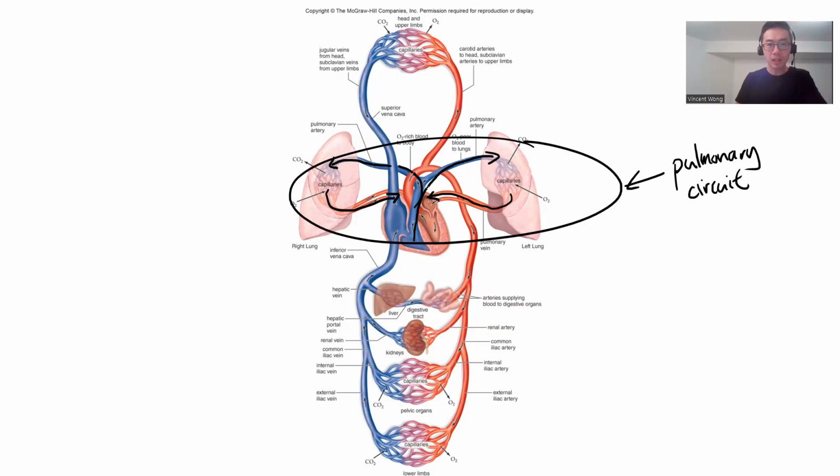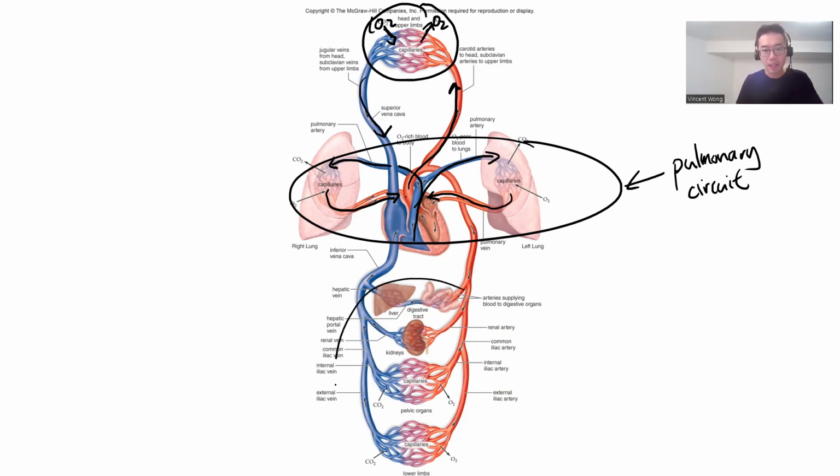And then the blood is going to go through the aorta. This is the aorta. You don't have to draw it. You can just try to watch me and see if you understand. The aorta is going to take the blood up to the head and the upper limb, right? Okay. And that's where it goes from red to blue. You can see the arrow. The oxygen is leaving, and the carbon dioxide is coming in. And then once you use up the oxygen, it's going to go back to the heart.